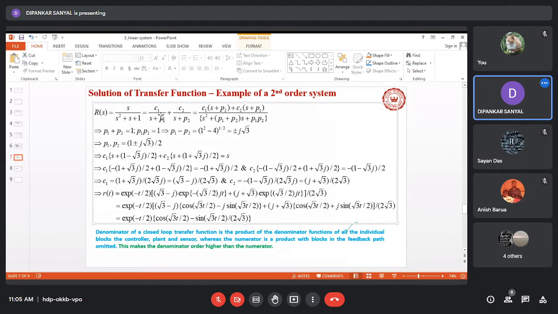for this we'll be having exponential to the power of minus P1 t, and here we'll be having exponential of minus P2 t.